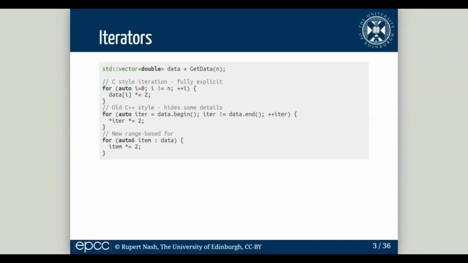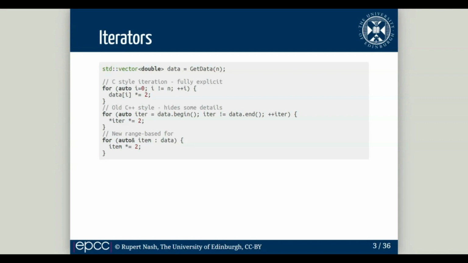If we just do a bit of a recap of some of our ways we would write simple for loops, we have three key common examples that we're used to. We have a C-style iteration where we define the starting point, some termination of the for loop, and some iteration through the loop.